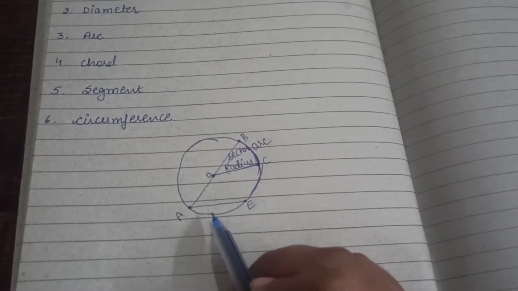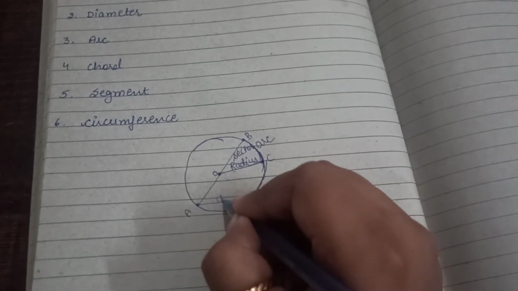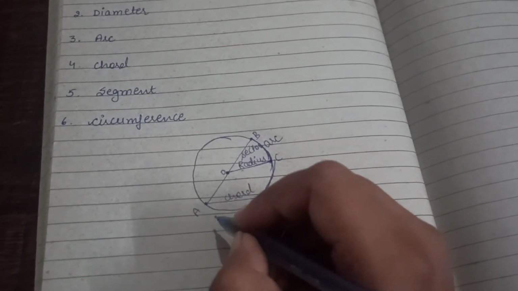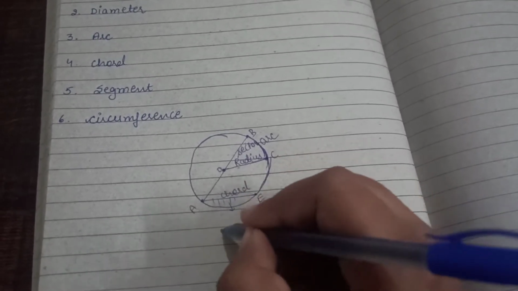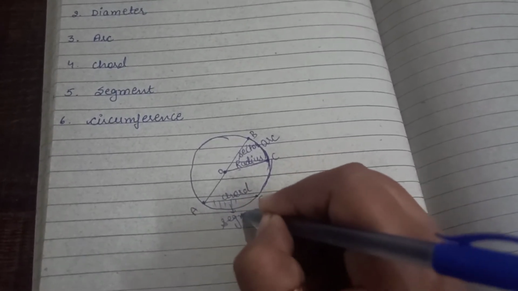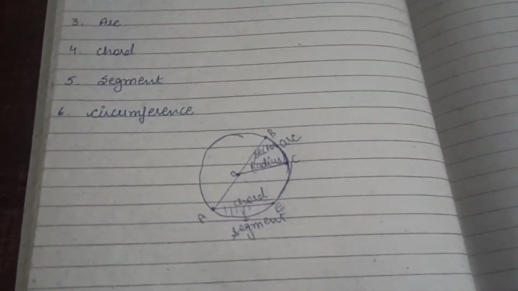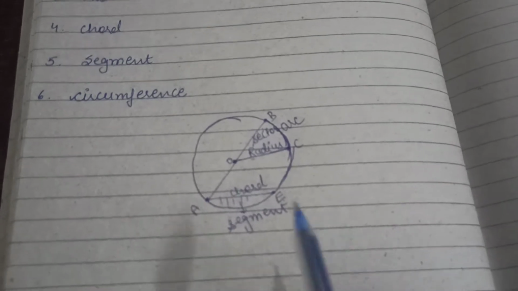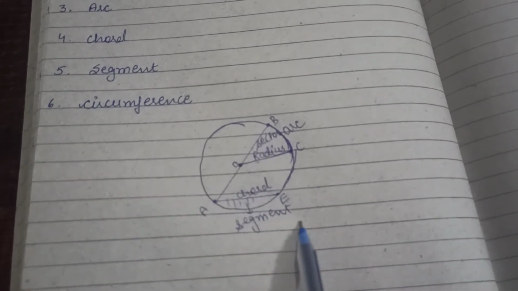What is this one? Chord. And the portion covered by the chord is the segment. The portion covered by the diameter and radius is the sector, and the portion covered by the chord is the segment.